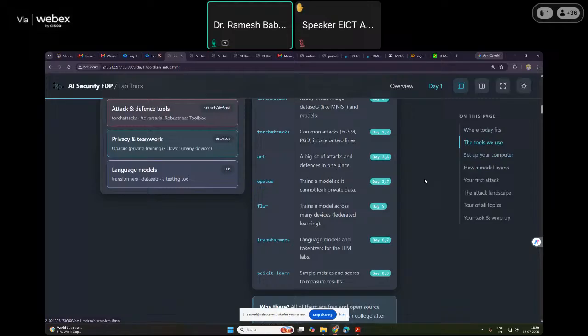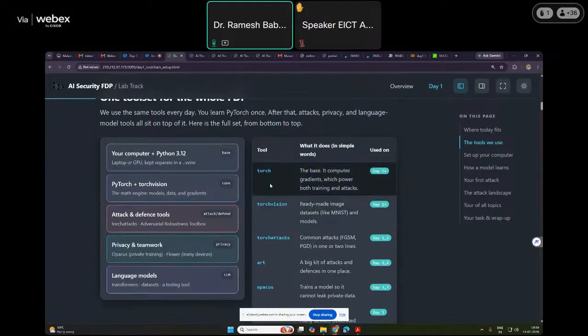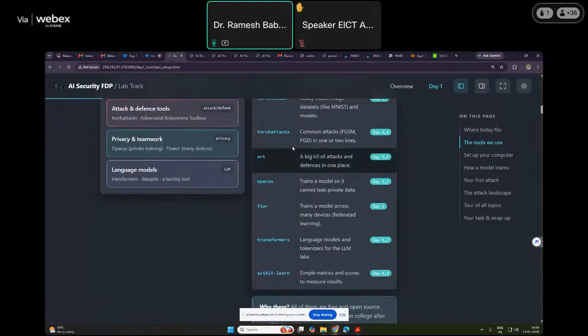You will be able to understand all kinds of papers that are there in attack or defense. Just have a basic understanding of what these libraries do, what they offer, and then go a bit deeper into what classes and functions they provide. If you are good with these libraries, I don't think anything much more than this is needed.